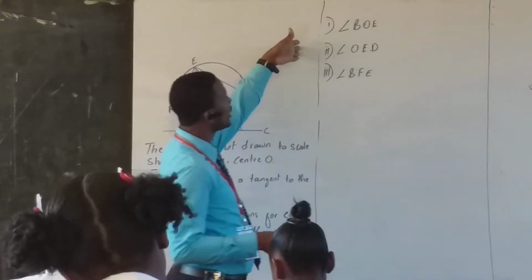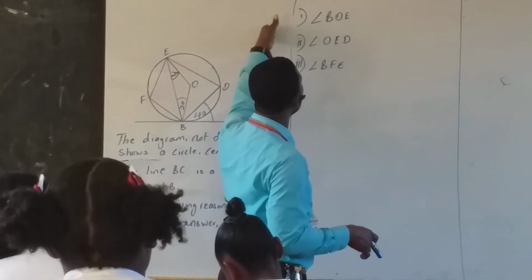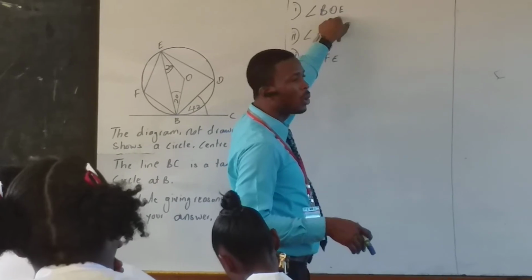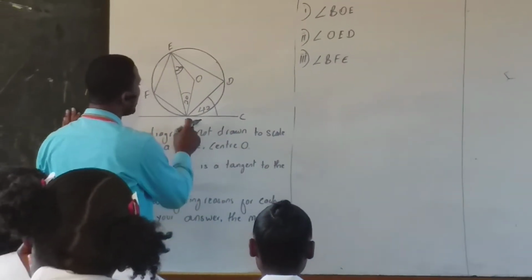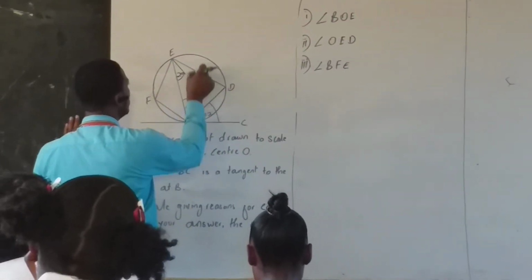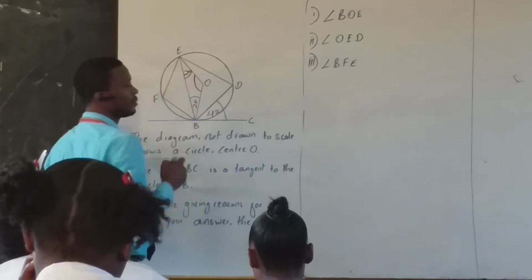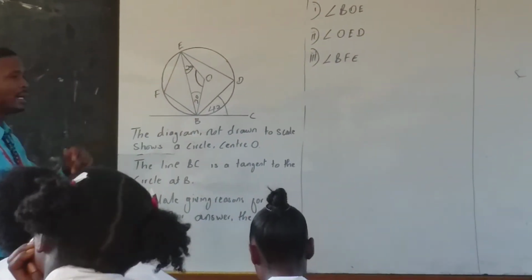Let's go to the question. It wants us to find the angle that goes from B to O to E, which is right here. How then do we find that angle?